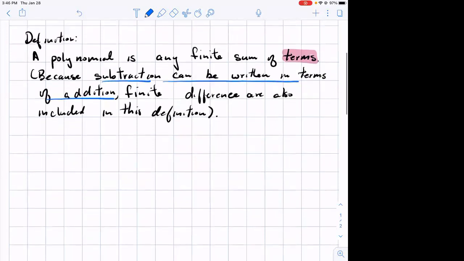Well, what it's really saying, I can have 3 plus a minus 1, right? And this is the same as if I say 3 minus 1. So that's why we say subtraction can be written in terms of an addition, because here we're adding, okay? But when you combine this positive and a negative, now it becomes a subtraction.